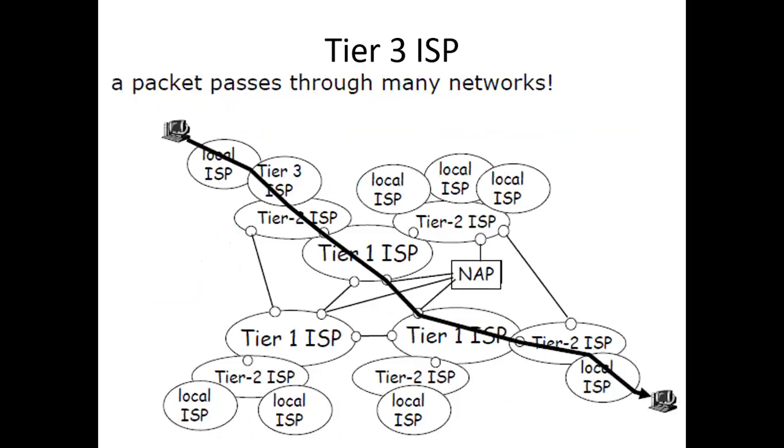So a packet passes through many networks, as you can see here. You don't know, but it is actually going through many different ISPs at many different tiers. So it will route through many different routers.